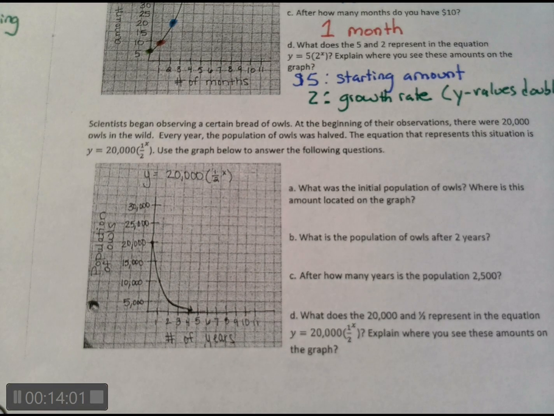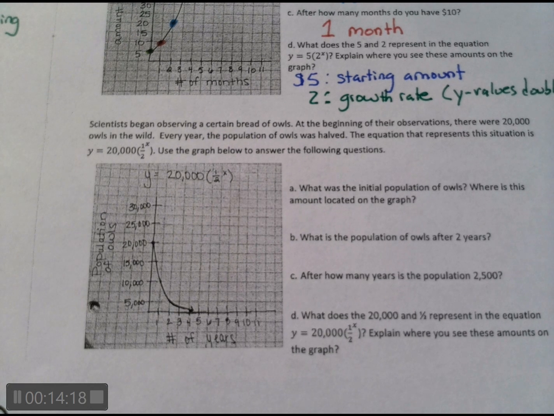Okay. So scientists began observing a certain breed of owls. At the beginning, there were 20,000 owls in the wild. Every year, the population of owls was halved. The equation that represents this situation is 20,000 times 1/2 to the x. And we're going to use the graph to answer our questions.